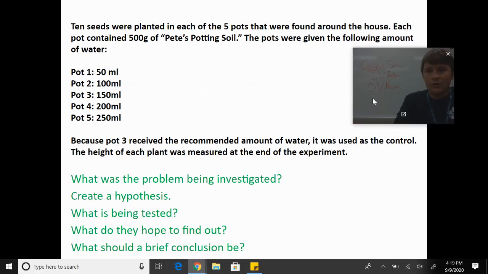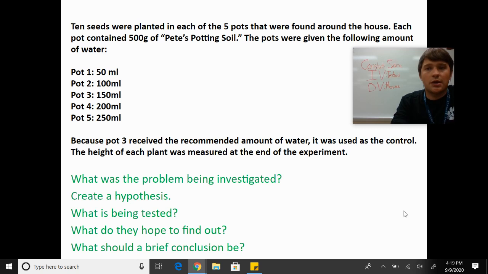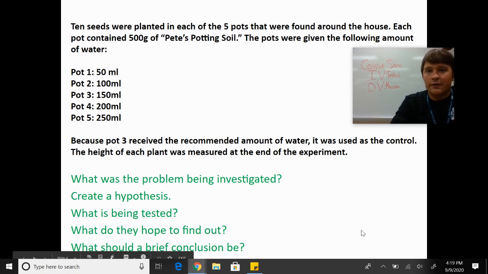So, though this particular experiment here isn't going to necessarily change the world, I still like looking at it because it does a good job of highlighting some of the important parts of the scientific method and experimental design. 10 seeds were planted in each of the 5 pots that were found around the house.